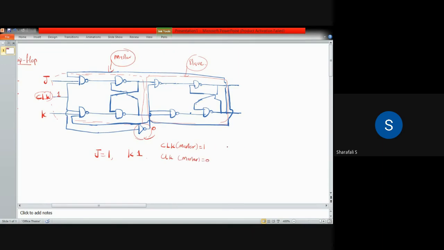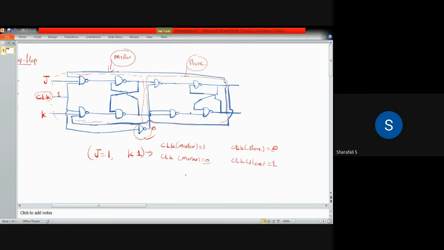At the same state, clock with slave here will be 0, and here clock with slave will be 1. So under this condition, we are considering J equal to 1, K equal to 1, and clock equal to 1 for master. At that time, slave will be having clock which is 0. And when the clock of this master is 0, then slave will be having clock which is equal to 1.